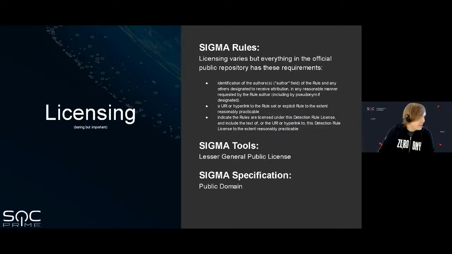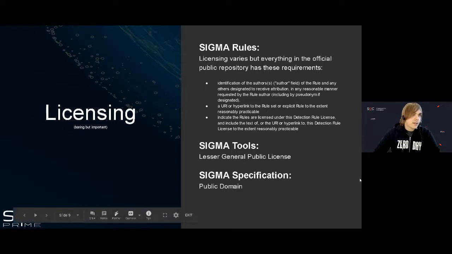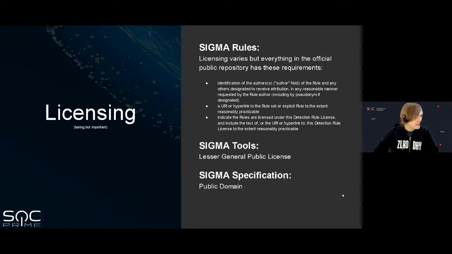And licensing is boring, but it's really important, because every Sigma rule has a license that tells you what you can or cannot do with the rule. Basically, it's a way of giving credit to the original author. If you use a Sigma rule, they're just asking you to give kudos to the author by mentioning them in the rule that you created, and give a link back to the Sigma project, so the increased sharing of rules can go on.